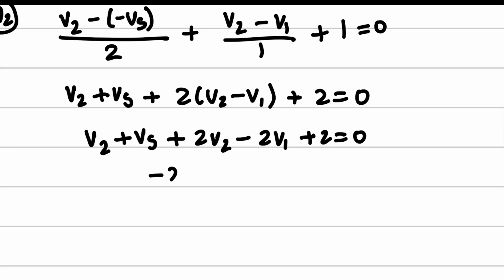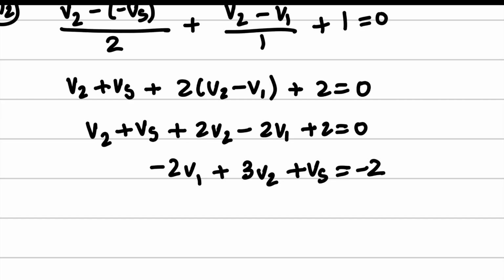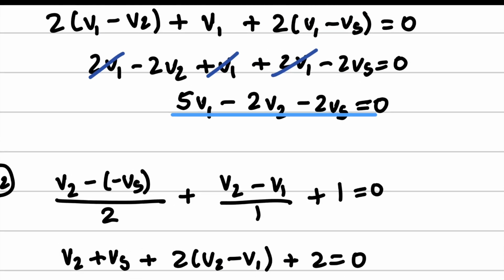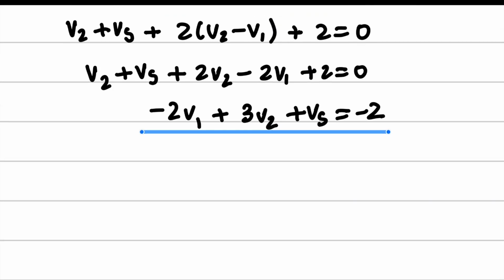Minus 2V1 plus 3V2 plus Vs equals negative 2. And this is our second nodal equation, okay? And I would highly recommend underlining them or rewriting them somewhere else. Let me actually do that so that I don't get confused again.